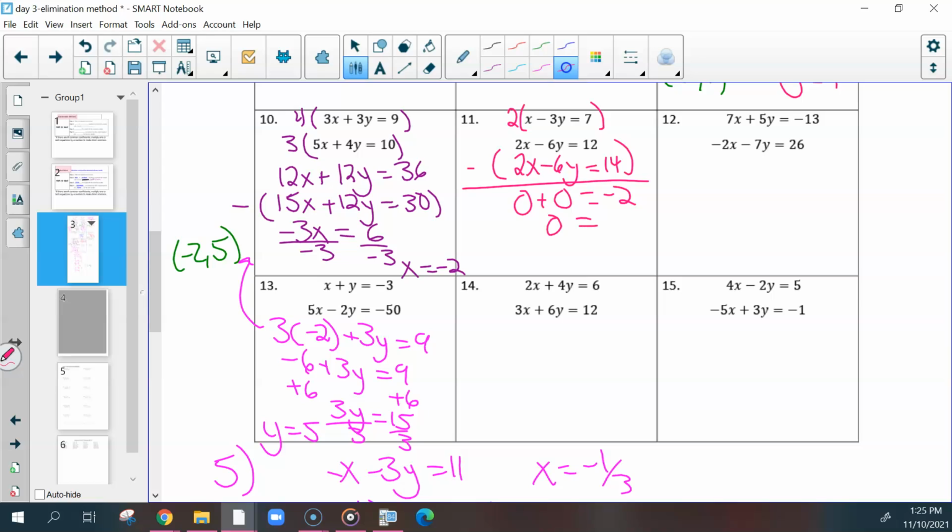So I have 0 equals -2, which doesn't really equal. What type of solution would this be? No solution.